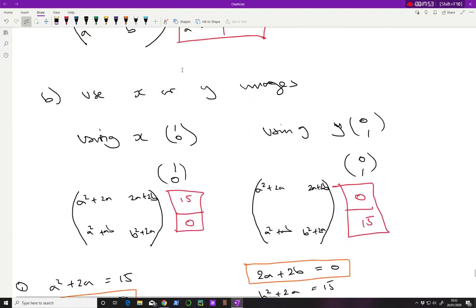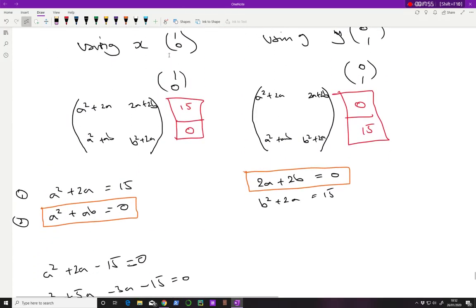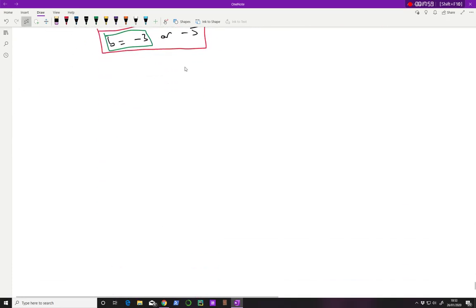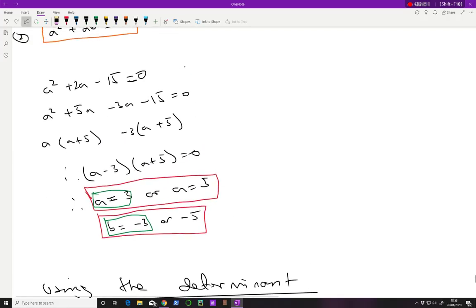How about we use the determinant? So down here, I'm going to write using the determinant, because there's quite an important concept here.